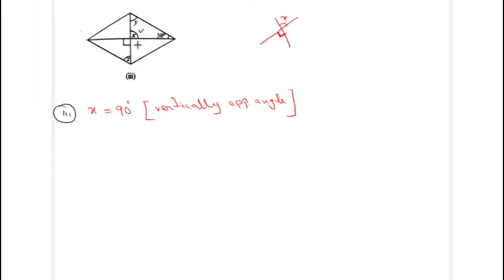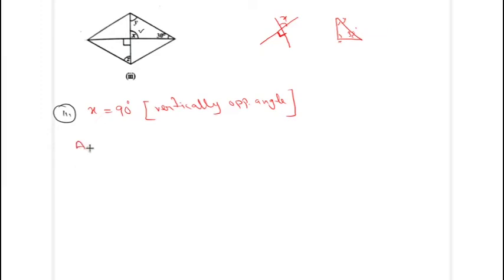Now come to y. Now we have to think how to find the value of y. Okay. Here, see, this is a small triangle. This angle is 30 degrees. This is y and this is x. Now, here we have to use the angle sum property of a triangle.